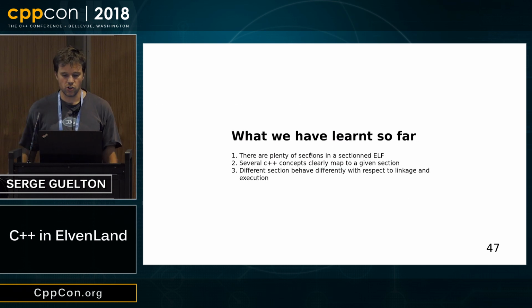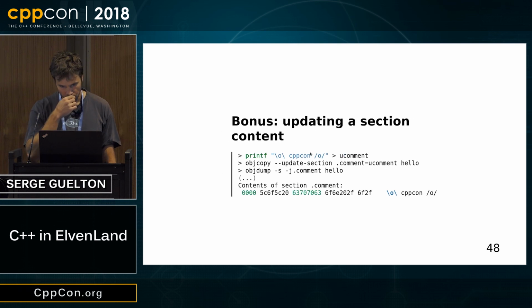So there are plenty of sections. Some of them are linked to some aspect of the language, and some of them are there for bookkeeping, to help with linking. And they have different behavior with respect to the linker and the execution. One funny thing, you can update the content of a section.